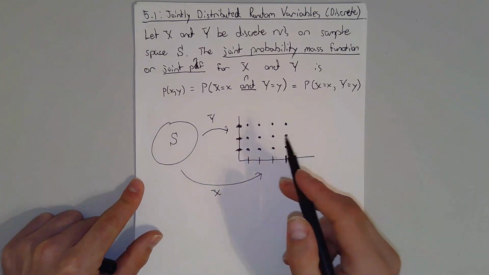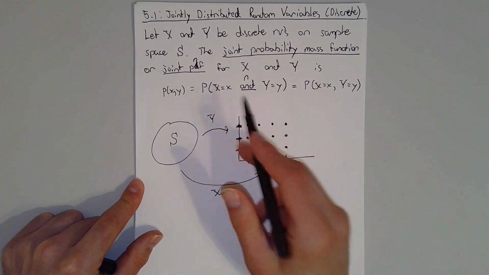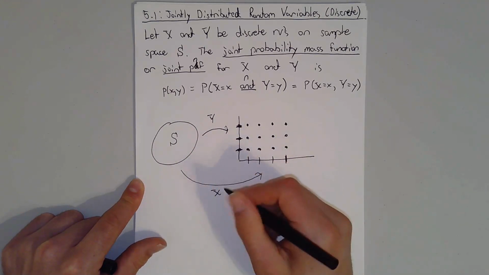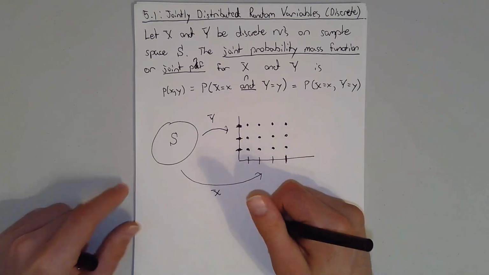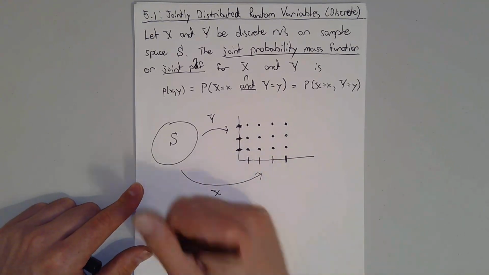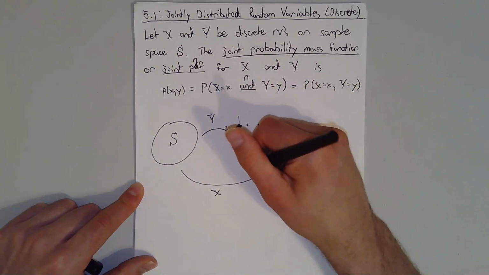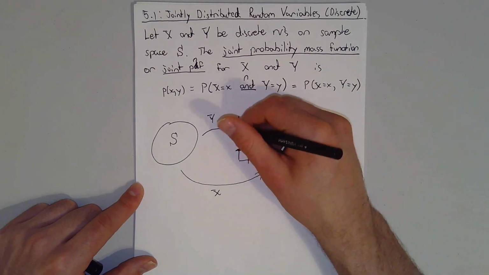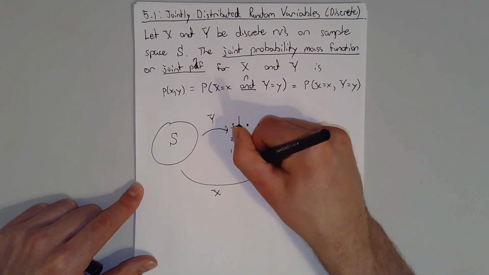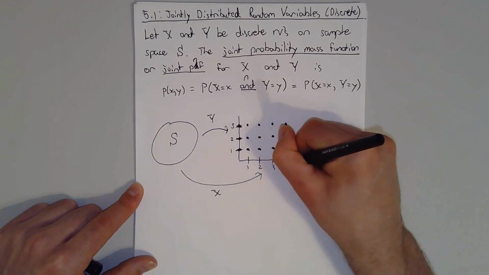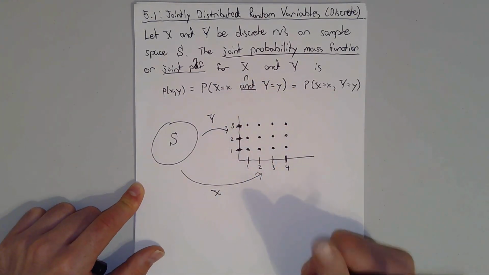With the joint PMF, the joint distribution, we're talking about the distribution of two random variables, and it has this sort of picture. For example, if we were to actually give values, such as 1, 2, 3, this is a rather simple example.